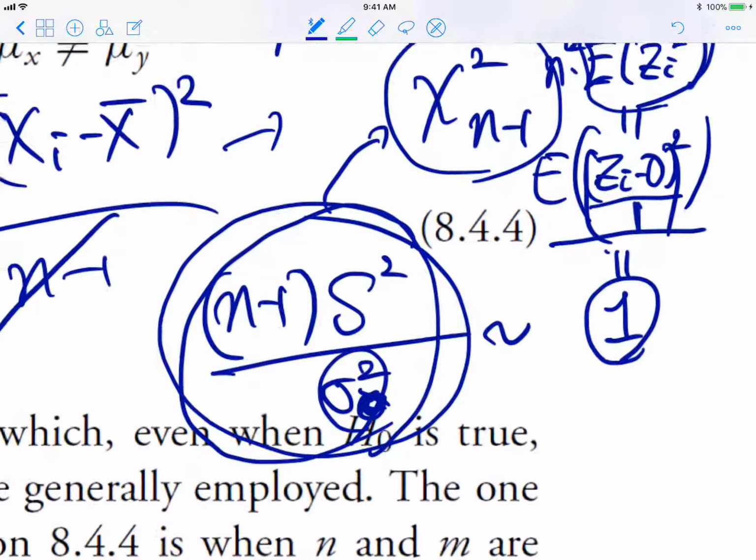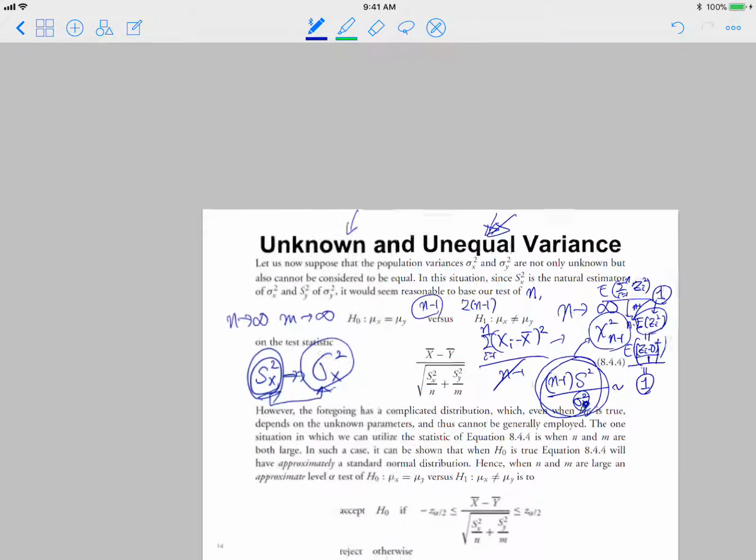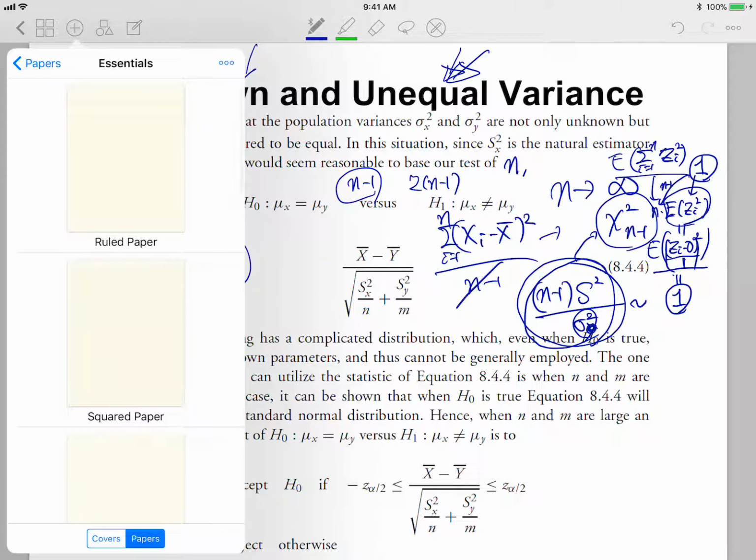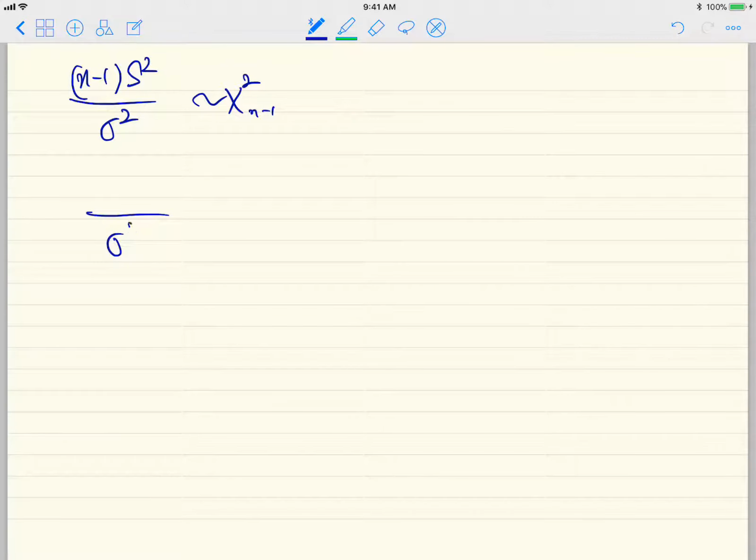This guy, (n minus 1) s squared over sigma squared, will be chi-square distributed with n minus 1 degrees of freedom, and then let's think about this variance.